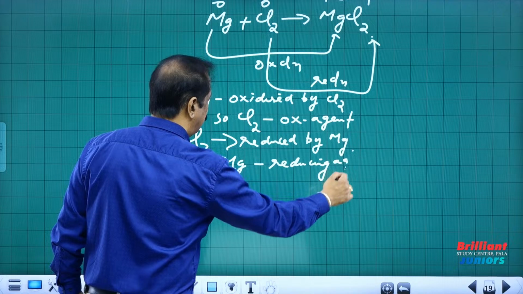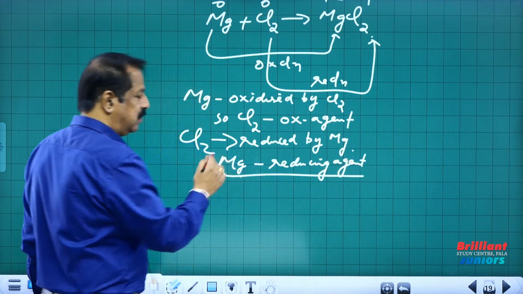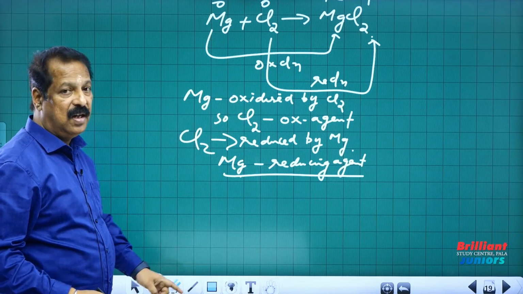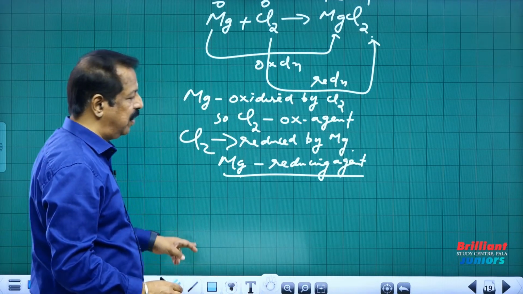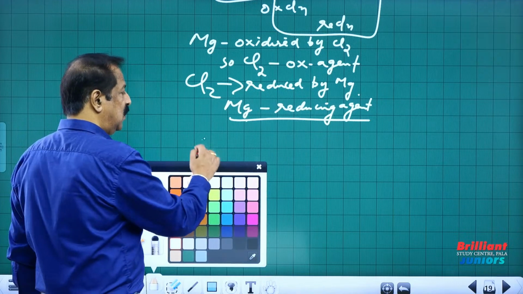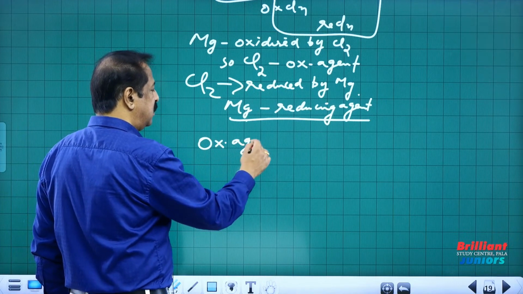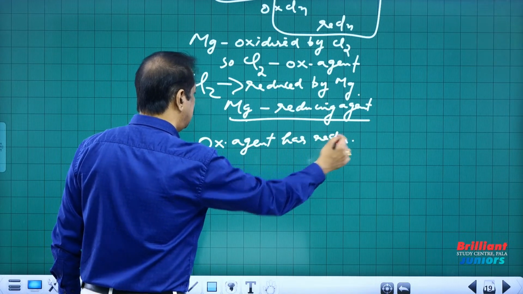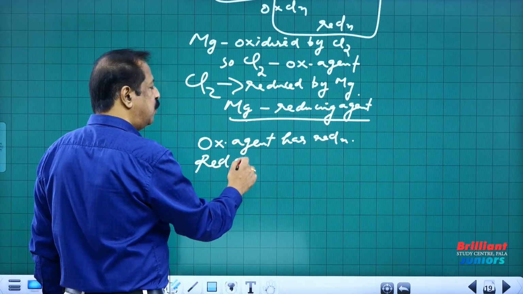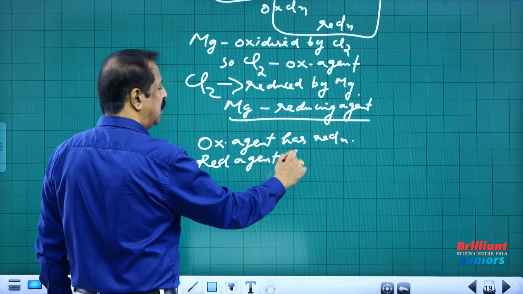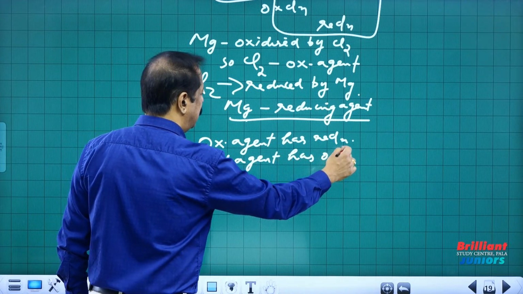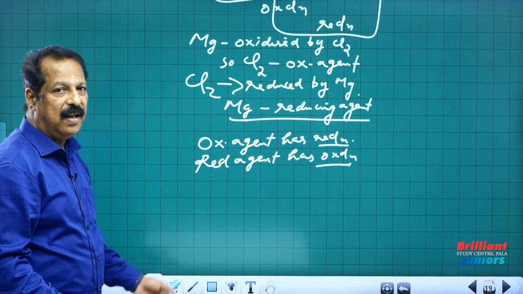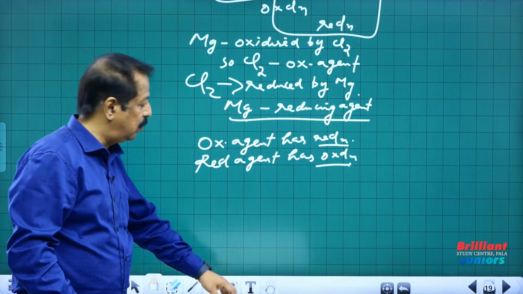So you have a clue here: the oxidizing agent has reduction and the reducing agent has oxidation. So please remember, oxidation is mainly for the reducing agent and reduction is mainly for the oxidizing agent.